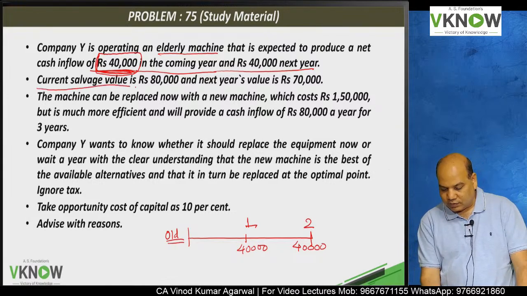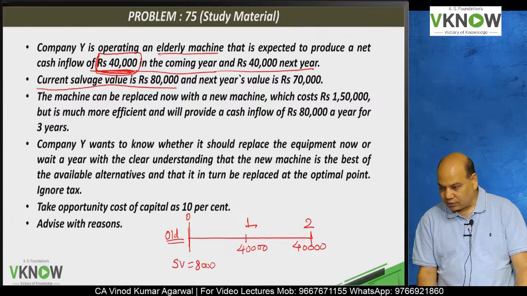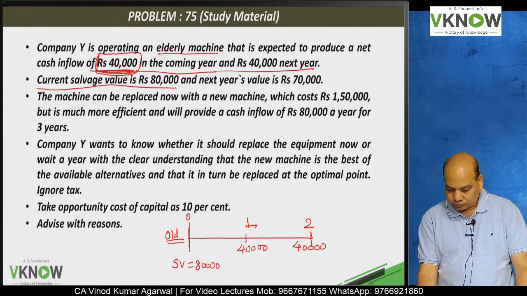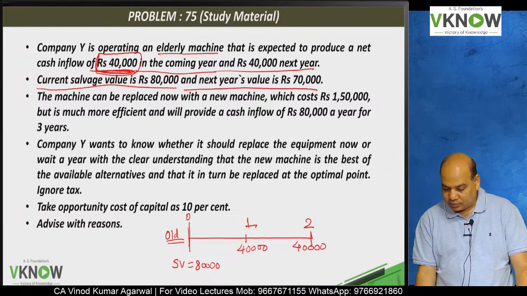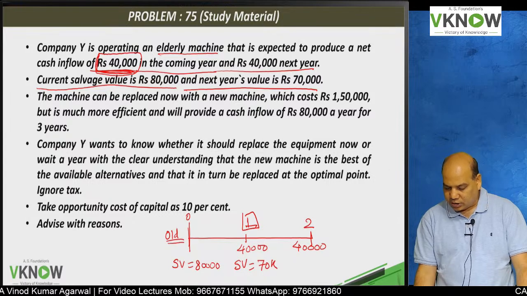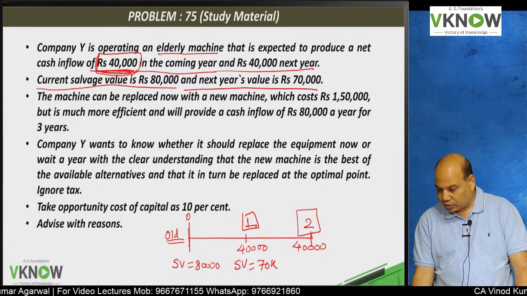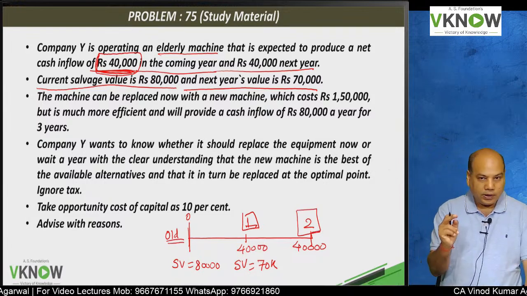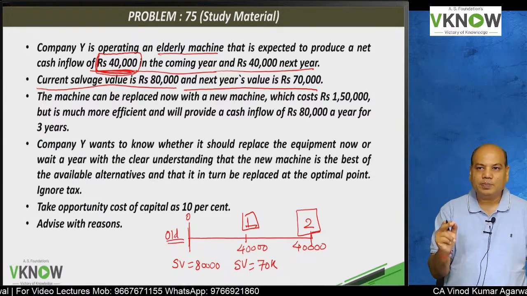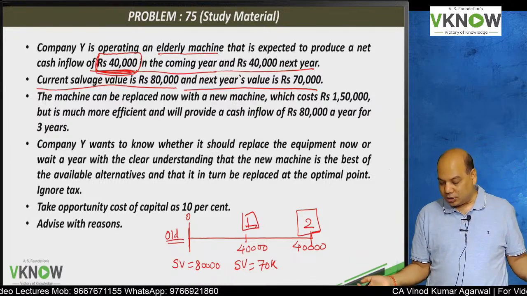The current salvage value is 80,000 if you sell it in year 0, and if you scrap it next year, at the end of year 1, the scrap value is 70,000. The question has not given the scrap value if we scrap it after 2 years. So there is either a mistake in the question or I don't know.